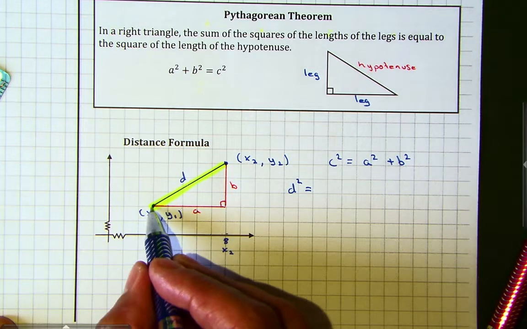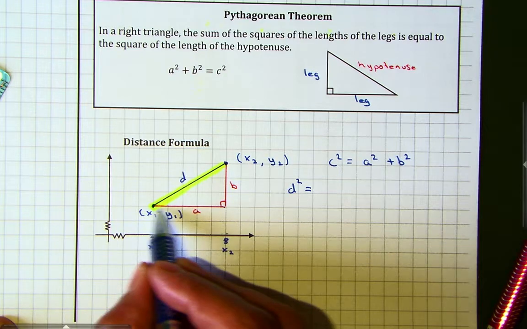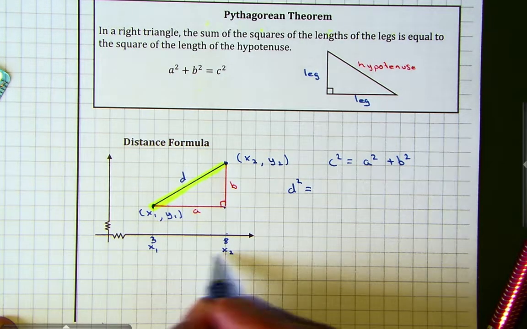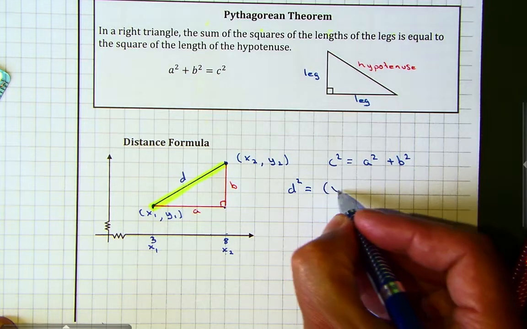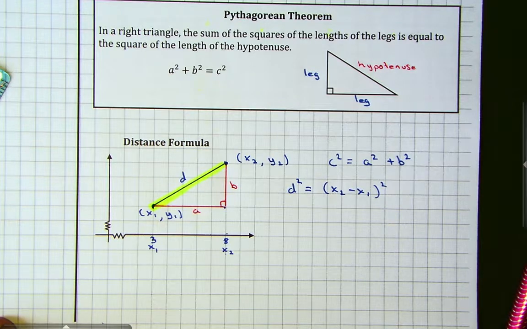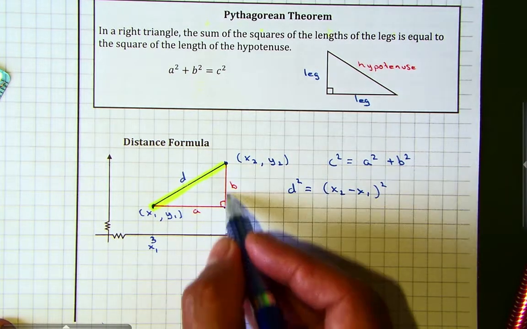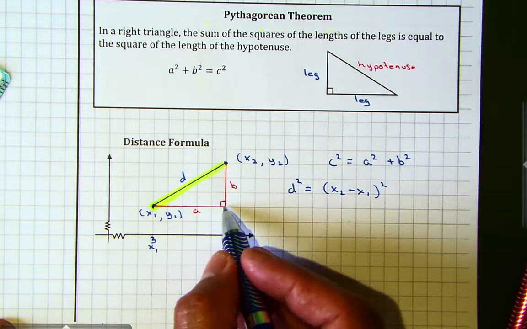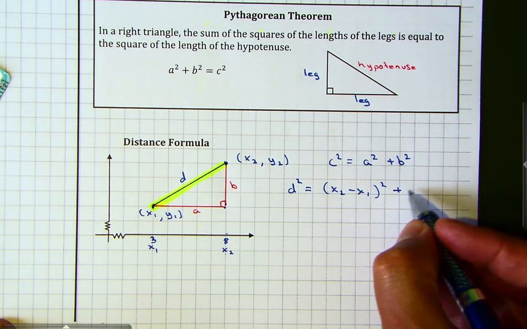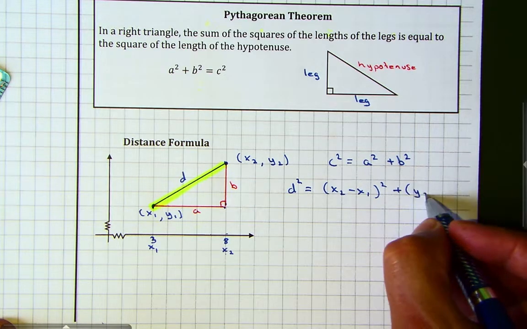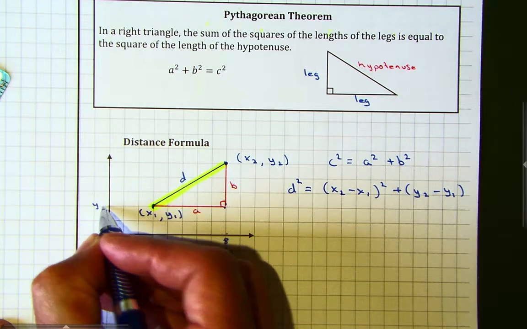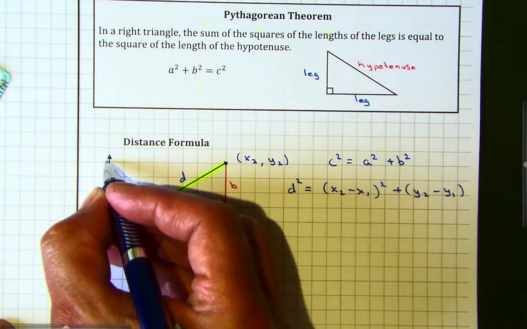The distance or the length of A, the distance between this point and this point, will be x2 minus x1 squared. In the same manner, what is the length of side B? It will be y2 minus y1, right? Where this is y1 and this will be y2.